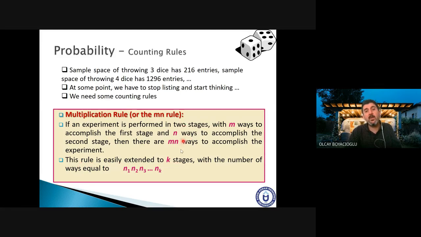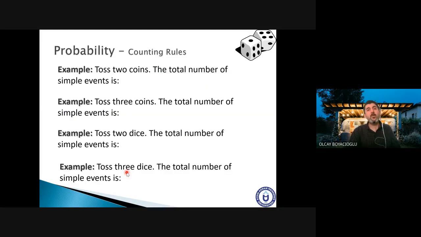Sadece 2 stage değil, we can extend it to k stages with the number of ways equal to n1 for the first stage times n2 times n3 times all the way to nk. Yani k stage'e kadar yapabiliyorsanız bütün işlemleri çarpacağız. Gayet basit çarpım formülü. Alright.